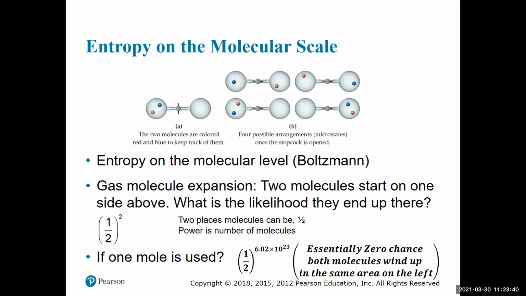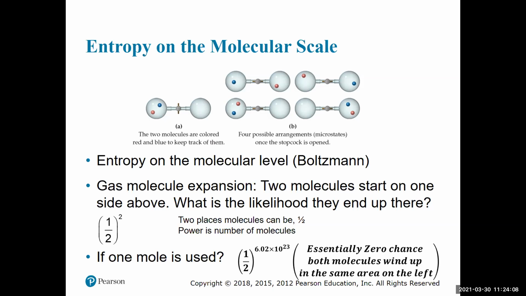We have two vessels, one on the left, one on the right. Think of them as glass, and think of this as the gas that we're talking about. And we have two molecules in the left-hand side container, one red one and one blue one. In the middle, we have a stopcock, which initially is closed. And on the right-hand side, we have an empty second container, okay?